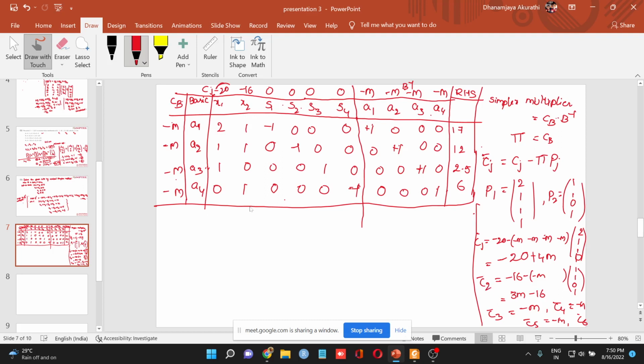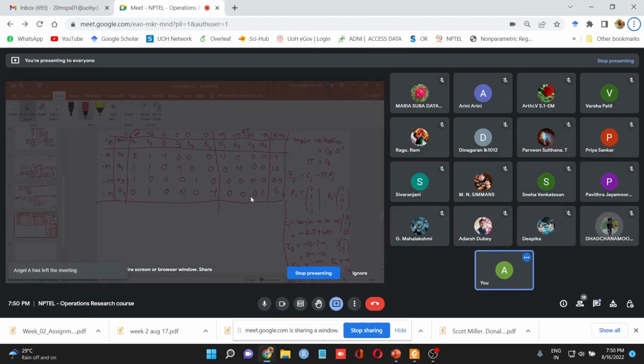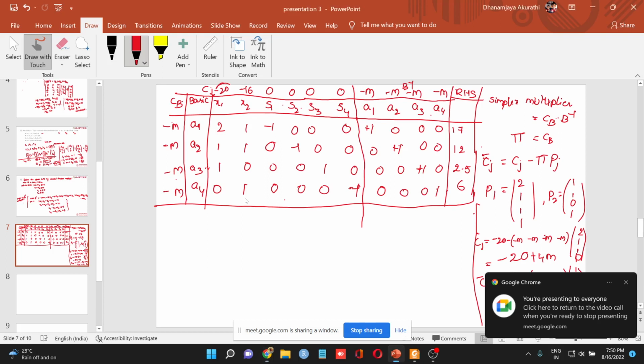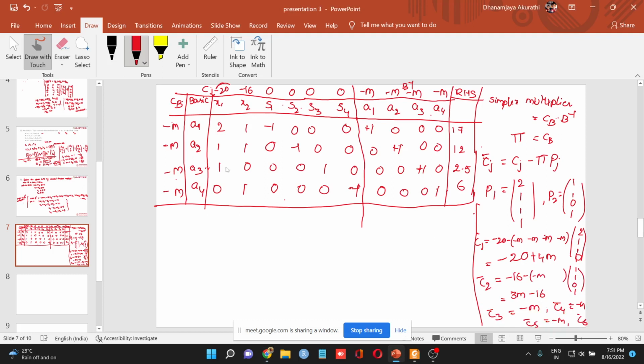That means here x2 is, okay, so C2 has the maximum value. So I can say that the cost coefficient related to the second column would be the entering variable.